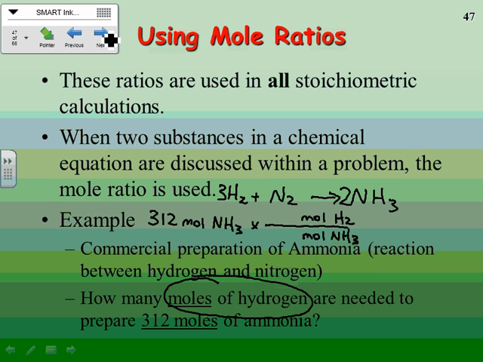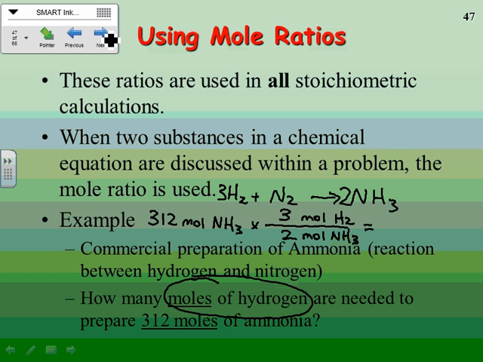It's not 6.02 times 10 to the 23rd. That's if I'm going from moles to atoms. That's why I need a balanced chemical equation, right? Okay? So what that's telling me is I need 3 moles of H2 for every 2 moles of NH3 that I make. It's a 3-to-2 ratio. See that? Okay? So I'm just using that as a conversion factor to get me from one to the other.